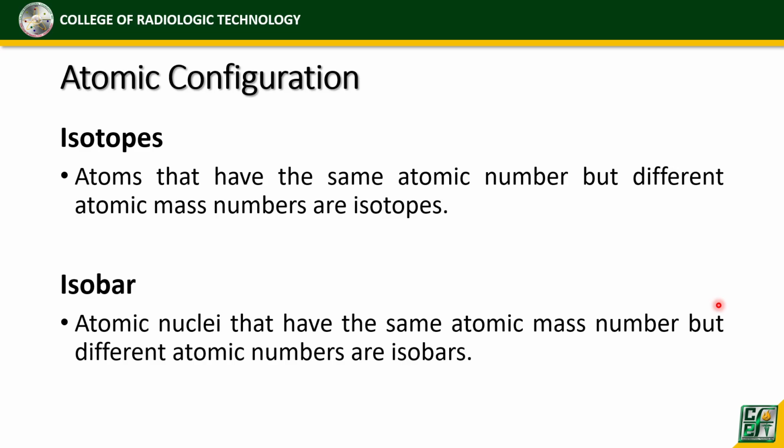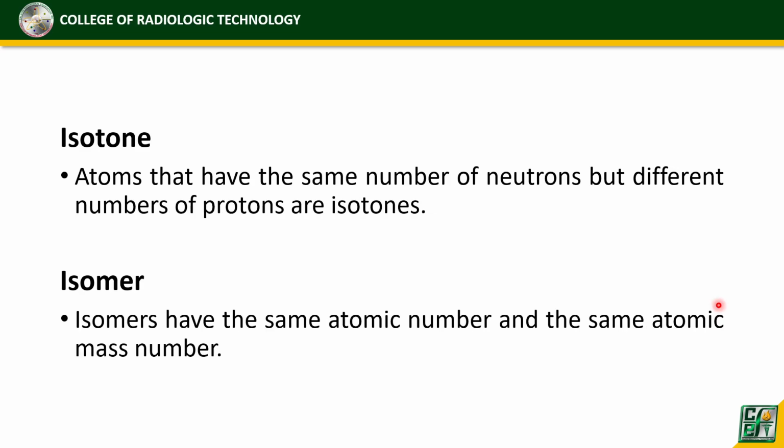There are two more. Isotones are atoms or elements that have the same number of neutrons but different number of protons. They are isotones.